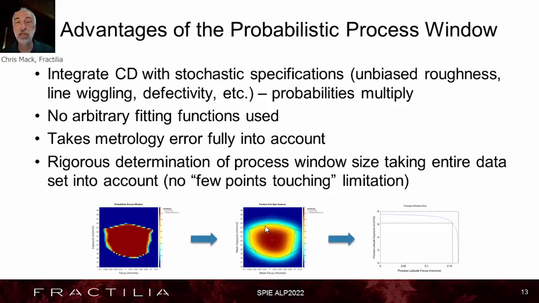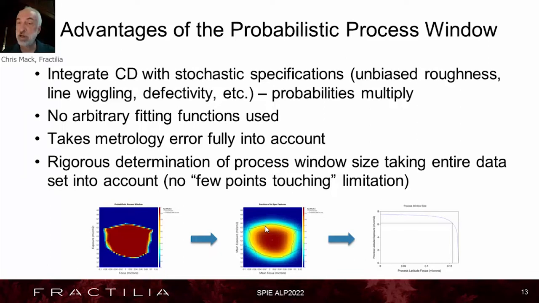The probability of meeting one spec versus another versus another. There are no arbitrary fitting functions that are used. It takes metrology error fully into account without any kind of smoothing that we might get from these fitting functions.